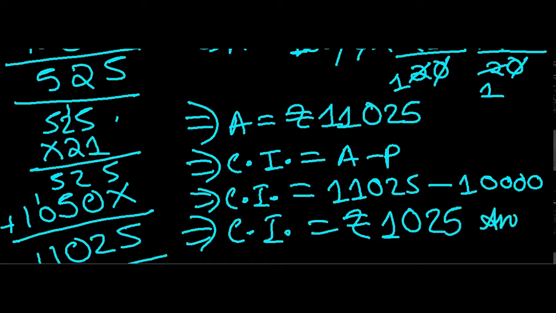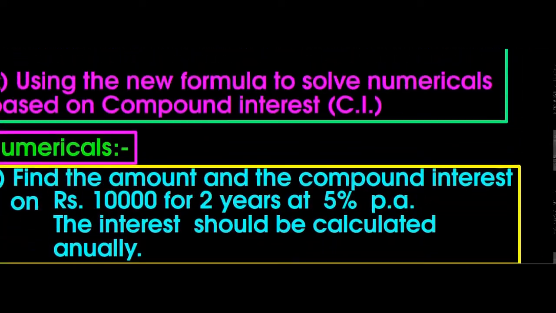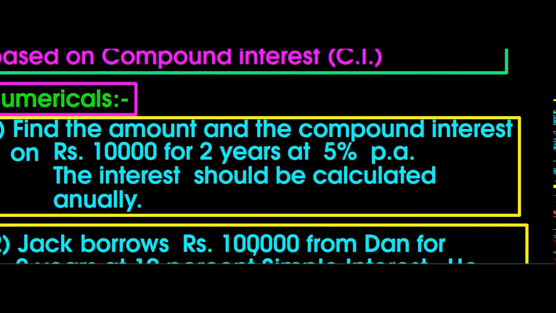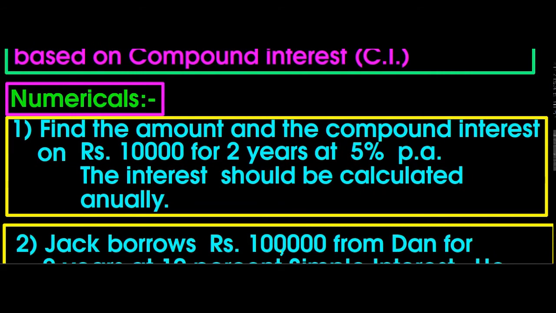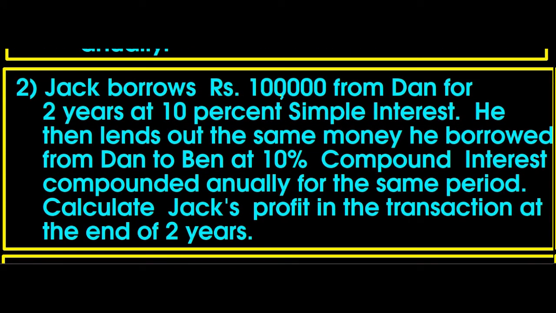So sum number 2. Jack borrows rupees 1 lakh from Dan for 2 years at 10% simple interest. Note that this is simple interest.